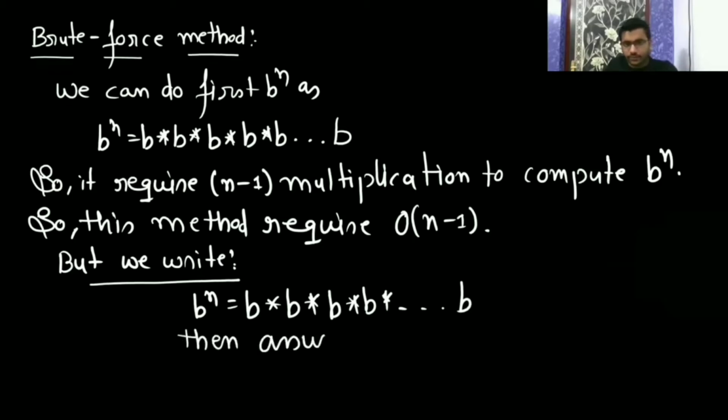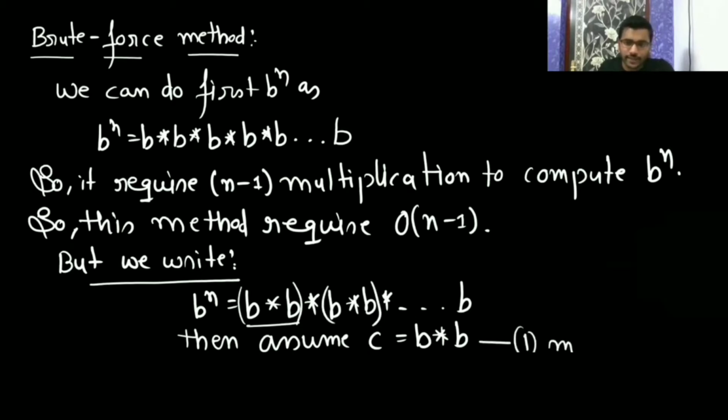Then assume b into b as c, so c equals b into b. So we can reduce it. By this we can reduce the number of multiplications. Only once we do b into b. Wherever you get b into b, you write c. So one multiplication, like this.